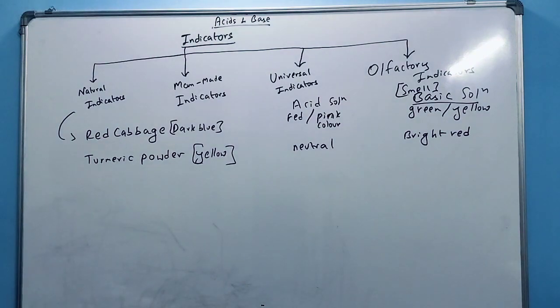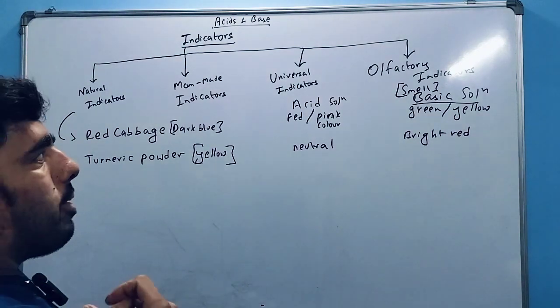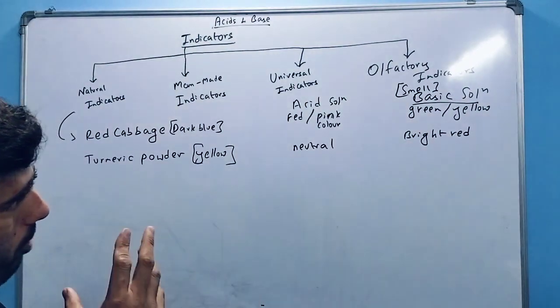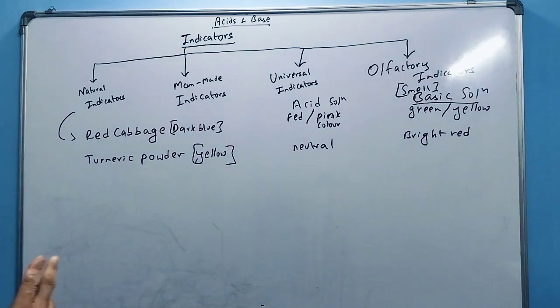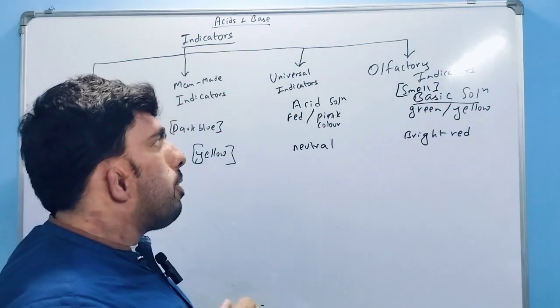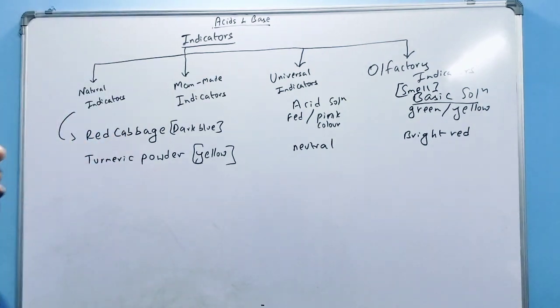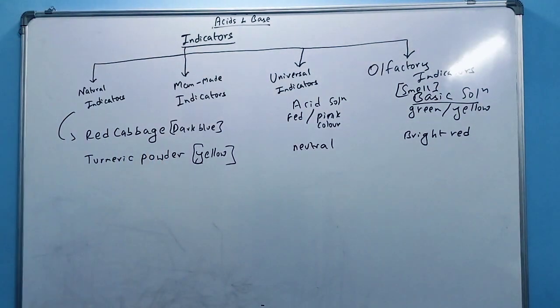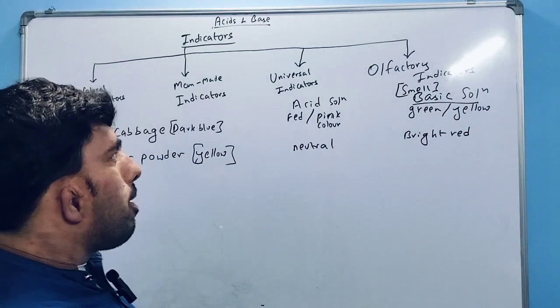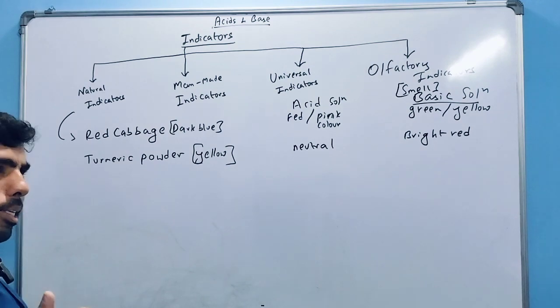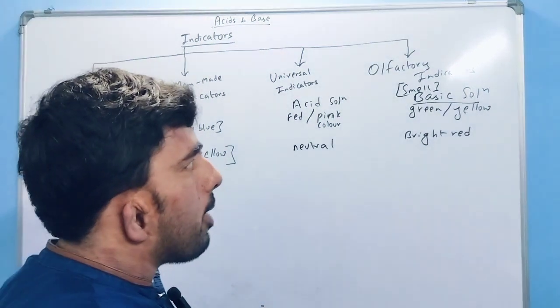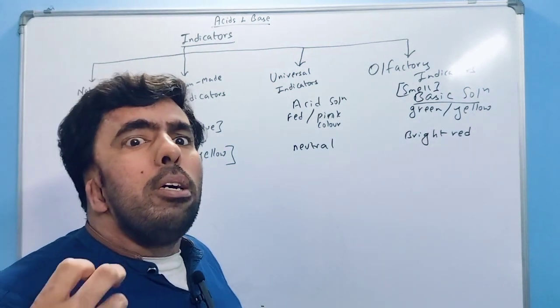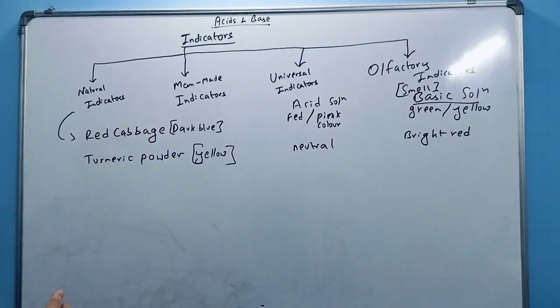Turmeric powder, which is yellowish in color, shows no change in acid, but in base it turns bright red. So these are the two natural indicators.